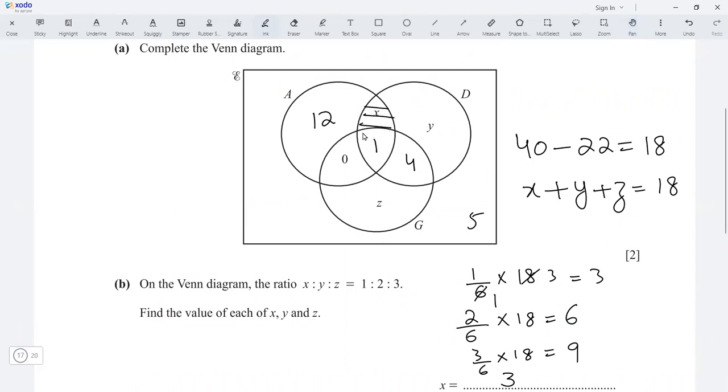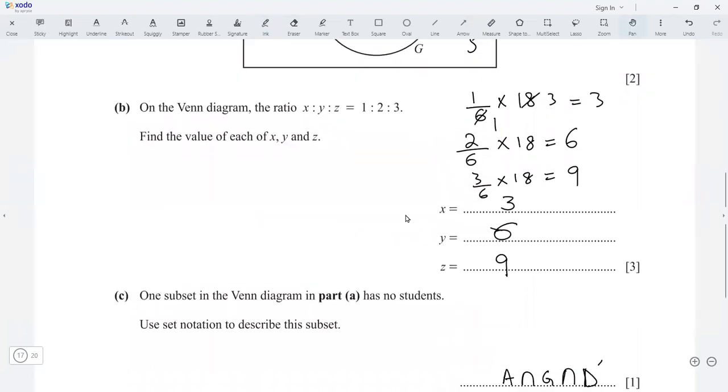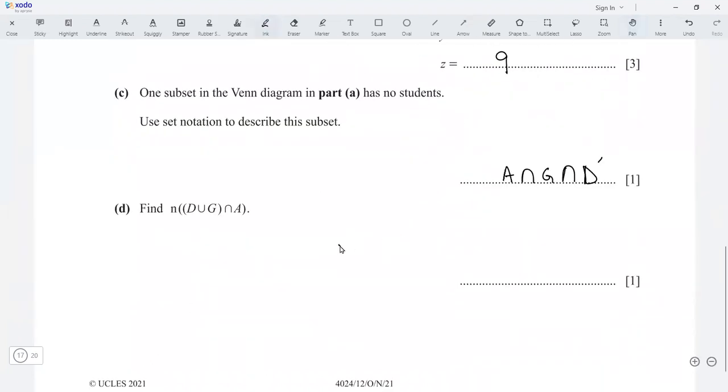This is the region you need to tell. D union G is the complete one, but they're saying the intersection with this region, so we have to include this as well. This region is 0, so no need to add that. The x value is 3, so we add 3 plus 1 plus 0, and the result is 4. 4 is the final answer of this question.